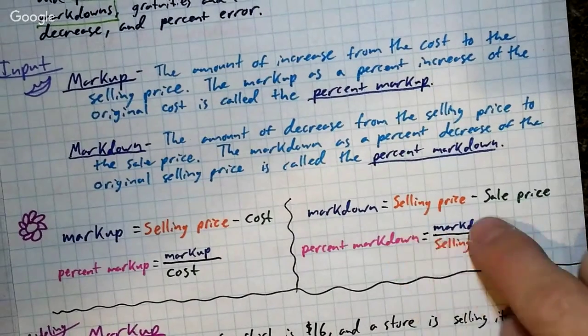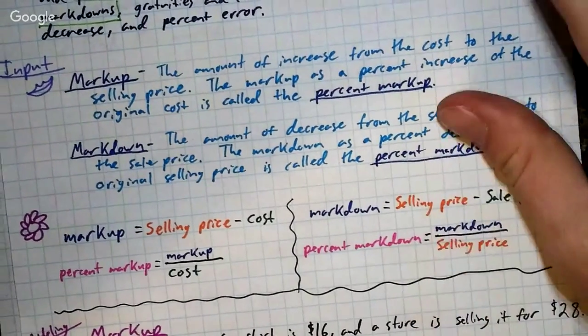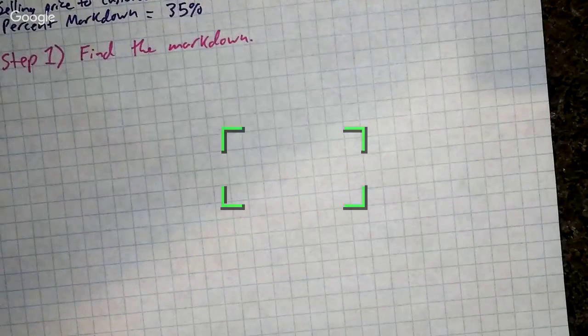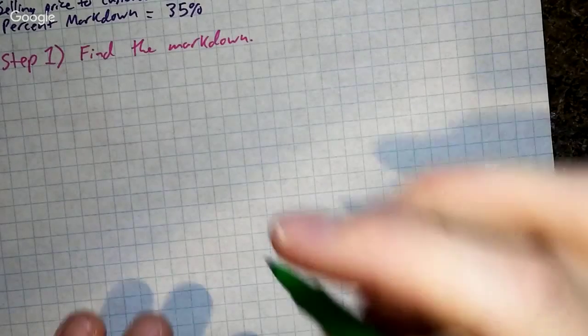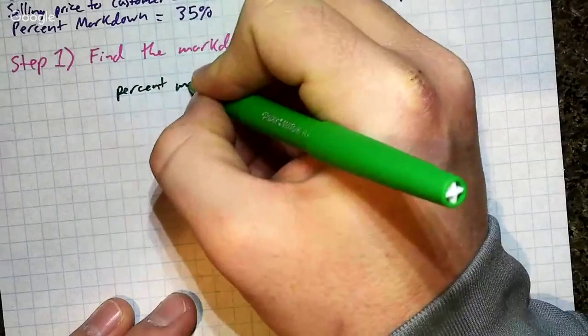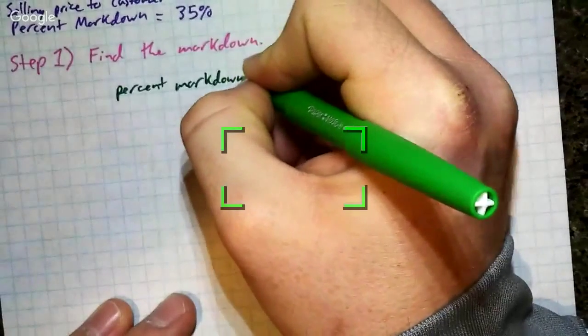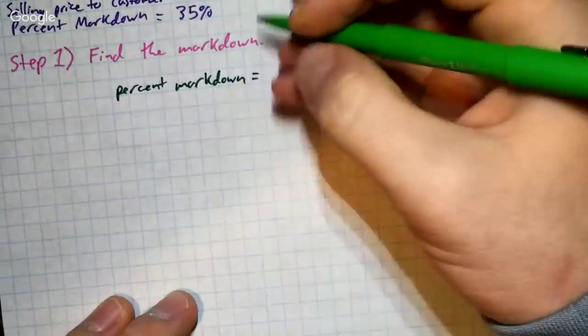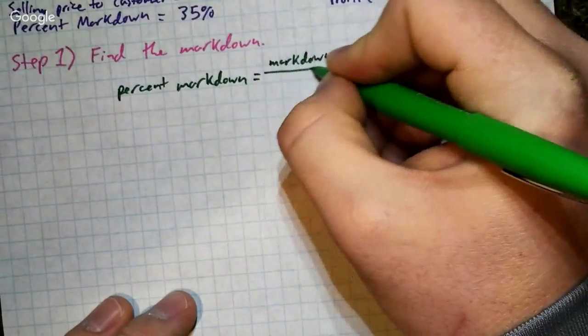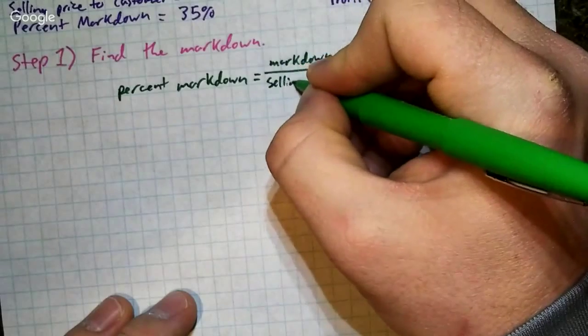So we can use this equation right here to solve this. Let's write it out the way we need it. We need the percent markdown equals the markdown over the selling price.